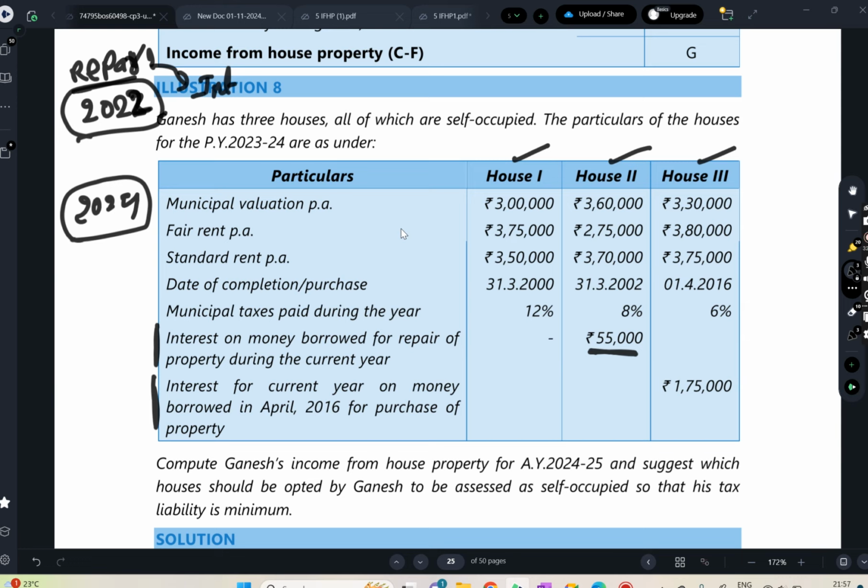See, my house is completed and everything happened in 2024. I started using it from 2024. In 2022, there were some repairs also, right? While constructing, some kind of repairs happened. I did not give the full picture, so that is why some repairs happened. Can I claim that as a pre-construction interest? What is our condition 2 while claiming the interest on borrowed capital?